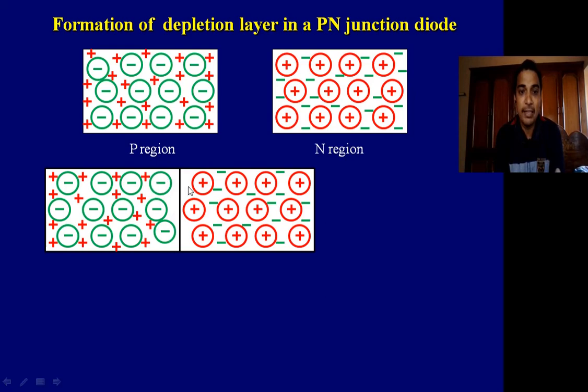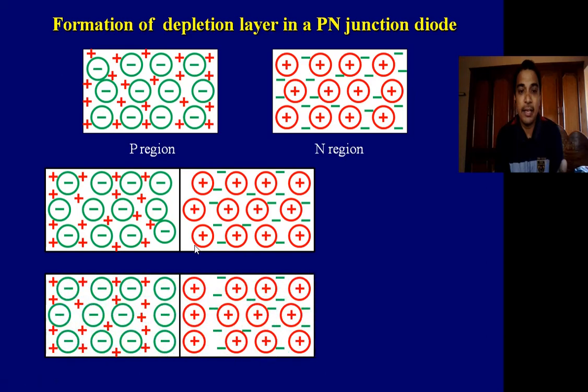So here the remaining atoms are ions, immobile charge carriers. There is no free charge available here. Please note my point.